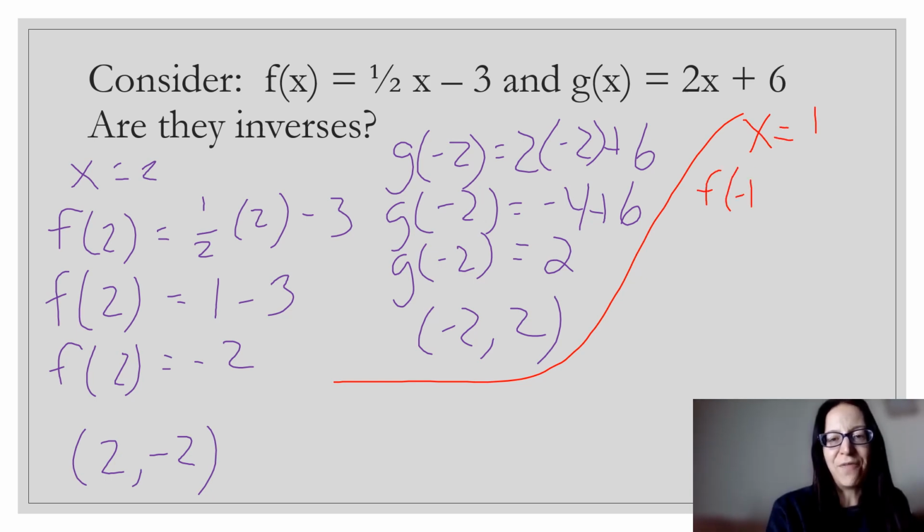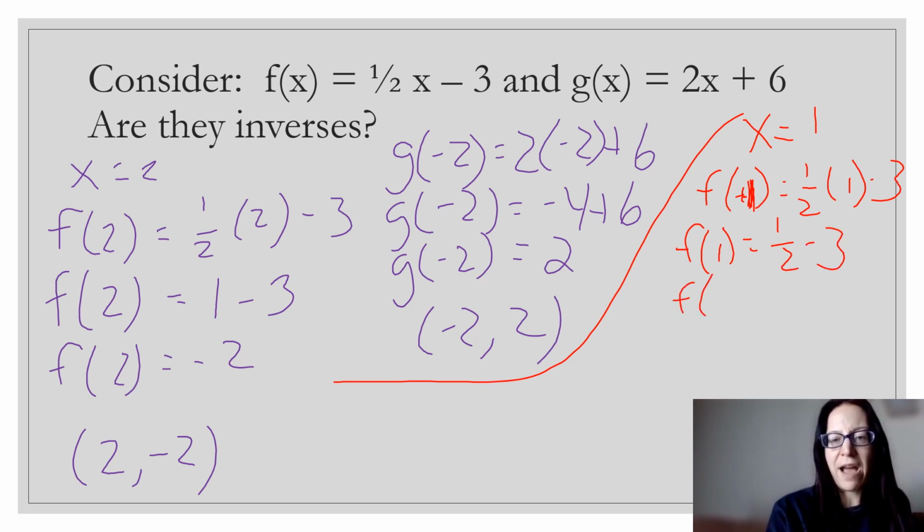So we would have f of 1. 1/2 times 1 is 1/2, and 1/2 minus 3 is going to be negative 2.5. You might have it as a mixed number or an improper fraction, but I'm going to do it as a decimal. So when x is 1, y is negative 2.5.